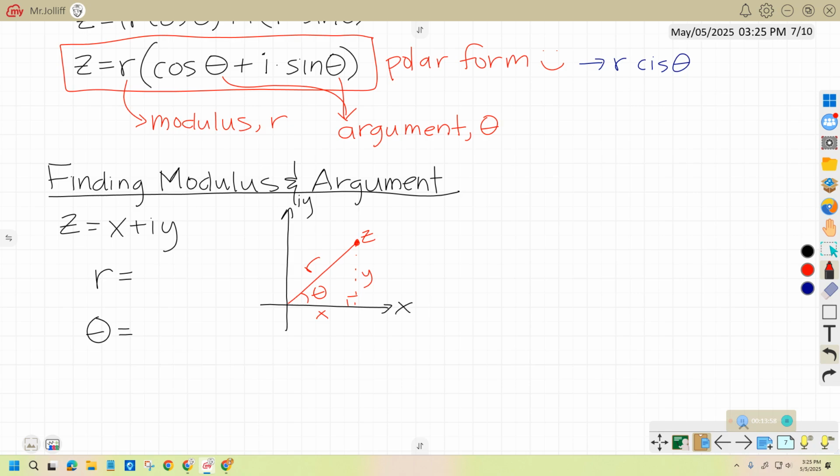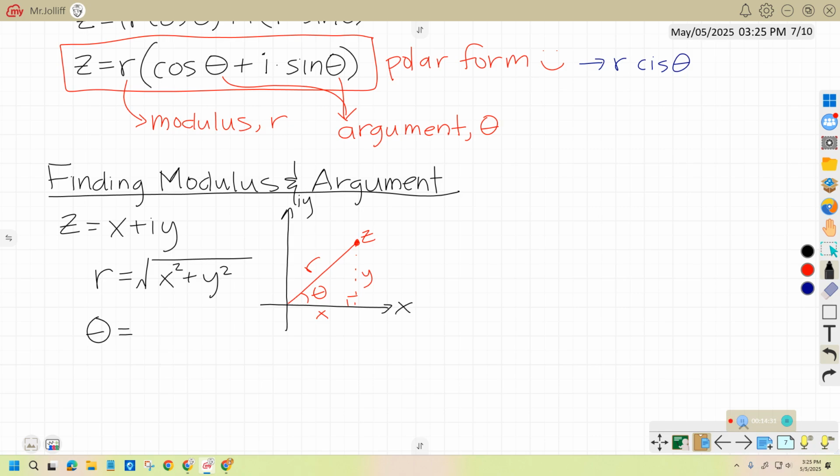Starts with a P. We have a limited number of theorems that apply to right triangles. Exactly, the Pythagorean theorem. a squared plus b squared equals c squared. In this case, x squared plus y squared equals r squared. So r is the square root of x squared plus y squared.